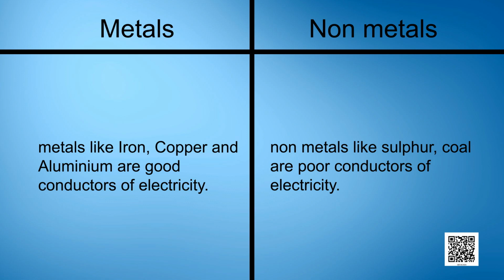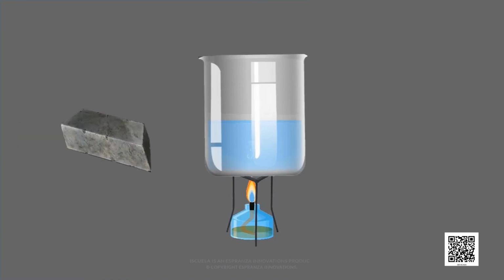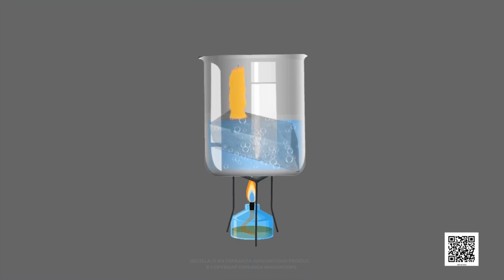When we apply wax candle on an iron piece and keep it in a boiling water, you will see that the heat energy of water will transfer to the candle easily through iron and the wax melts.